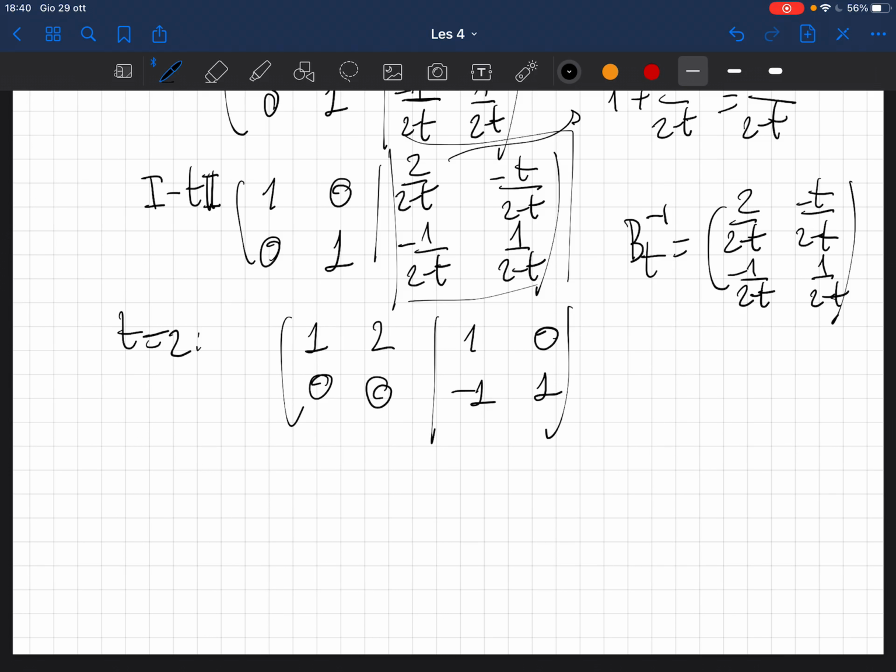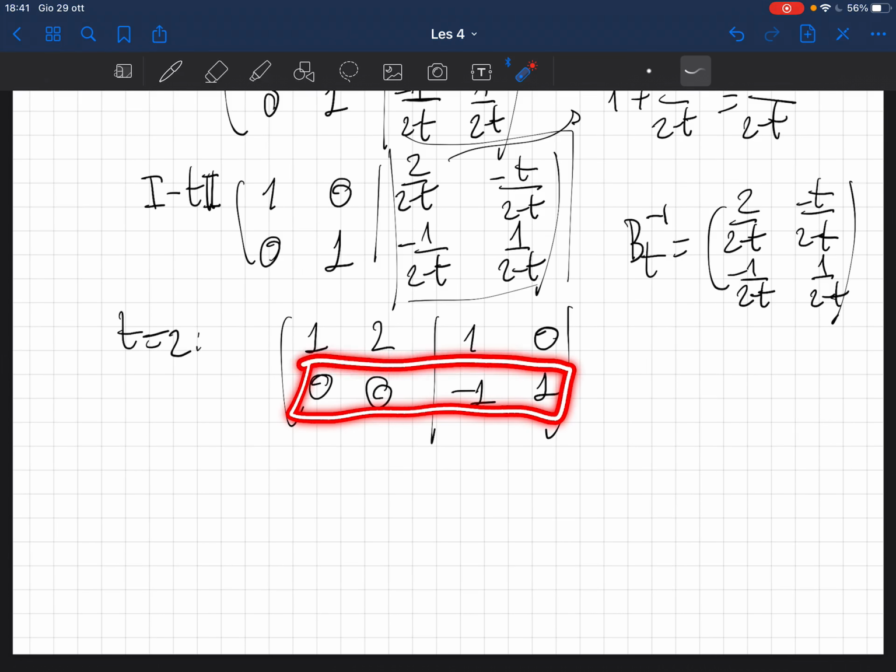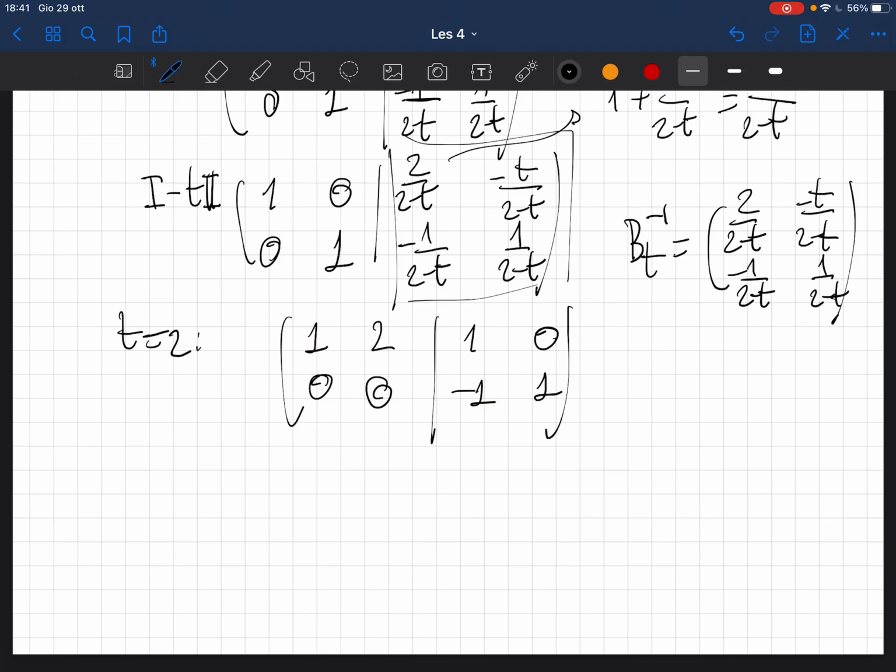So you see here that there's no way we can go on with the algorithm, in the sense that we would like to put a 2 here, but there is no way we can do this. Actually, here the algorithm stops.